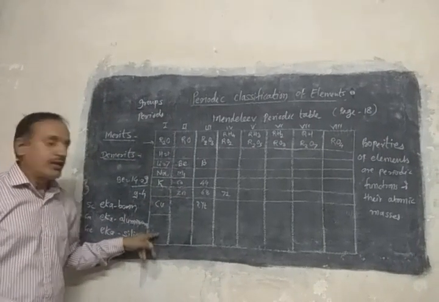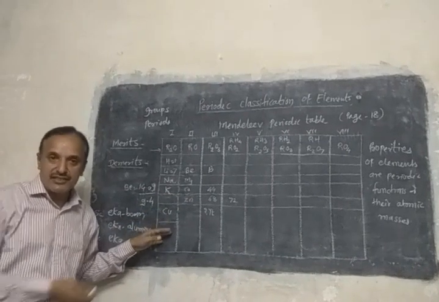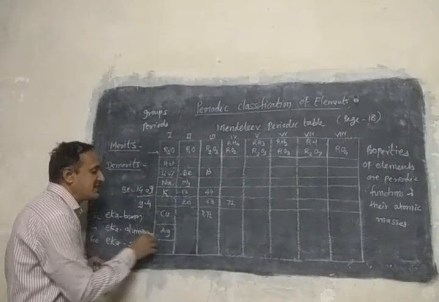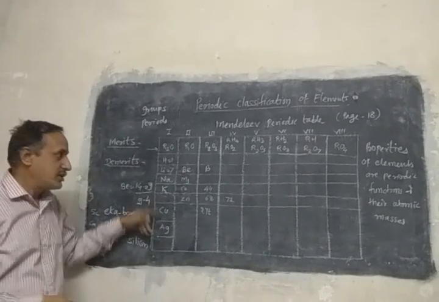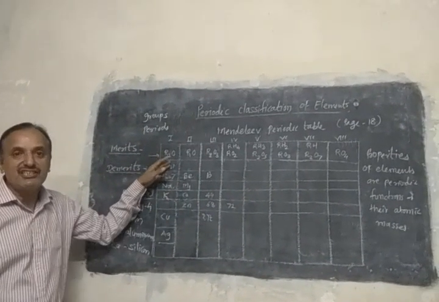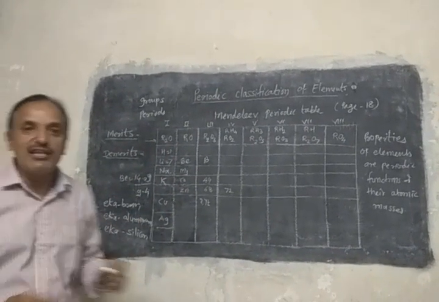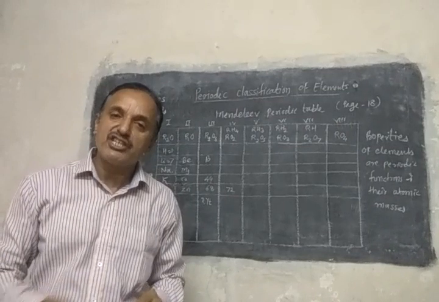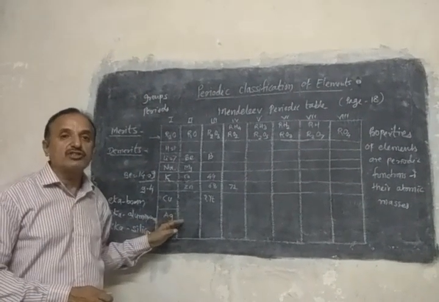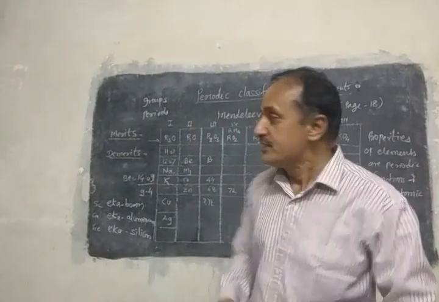Now copper, gold and silver are very less reactive elements. So more reactive and less reactive elements are placed in the same group. So the properties are not similar, yet the elements come in the same group. That was the drawback of that table.